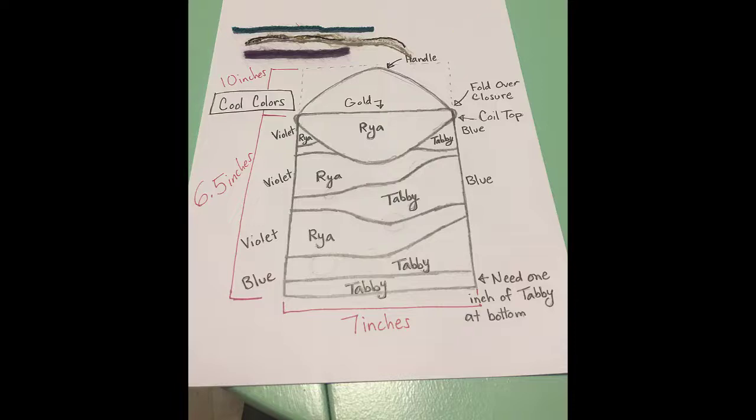But since I'm going to have that fold over type of closure, I'll need to weave that flap. I'll explain this as we continue on. But part of my space for my bag will be that flap, so it doesn't count as the bag portion.